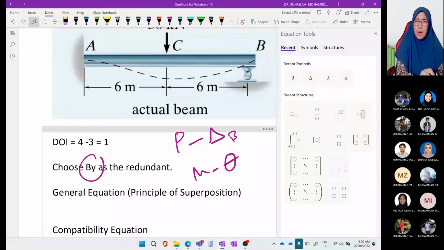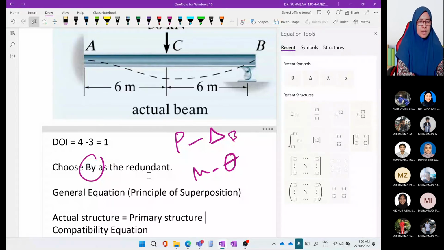And from the general equation, actual structure equal to primary structure, you can find this in the notes as well, plus redundant structure.